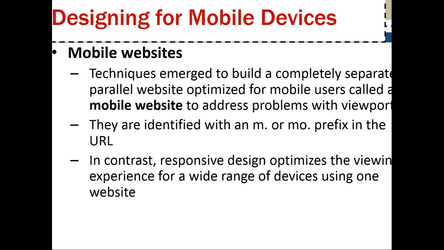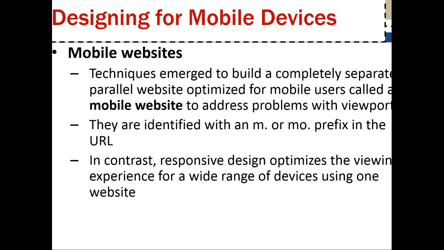Because of the growth of mobile browsers, including the ones on phones and tablets, a serious problem has been created that developers are trying to solve. It is because smaller viewports often require excessive zooming and scrolling. So different techniques have emerged to address these types of problems.